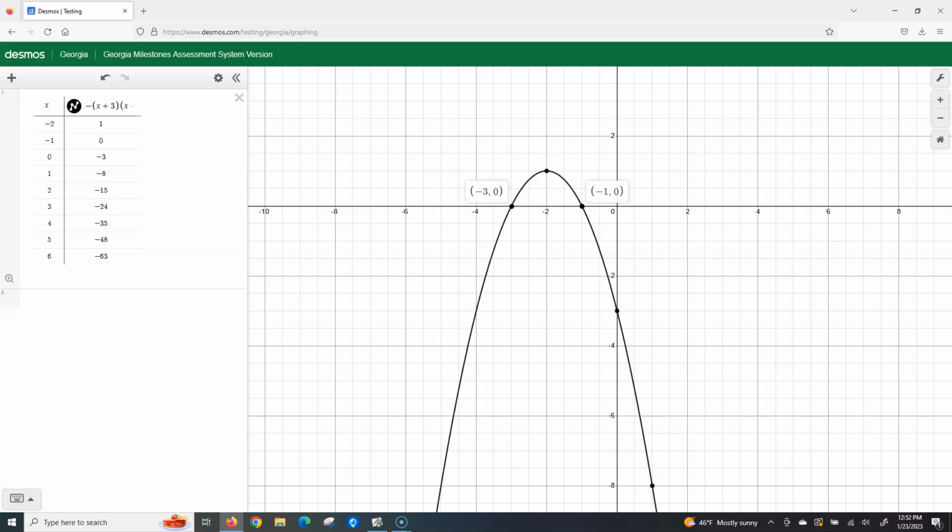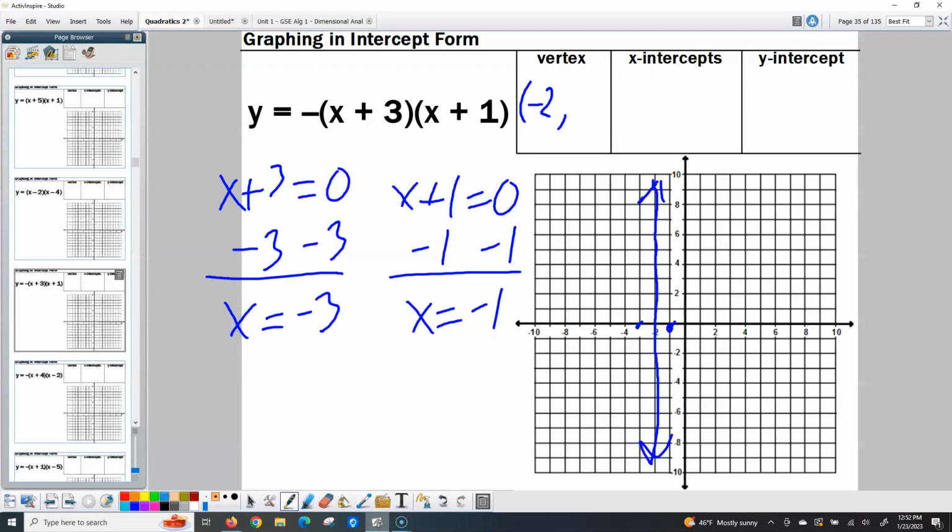There's another x-intercept. There's my y-intercept right there. And I could look over here at the table to help me find all of that stuff as well. Vertex is going to be at -2, 1. X-intercepts we already said were at -3, 0 and -1, 0.